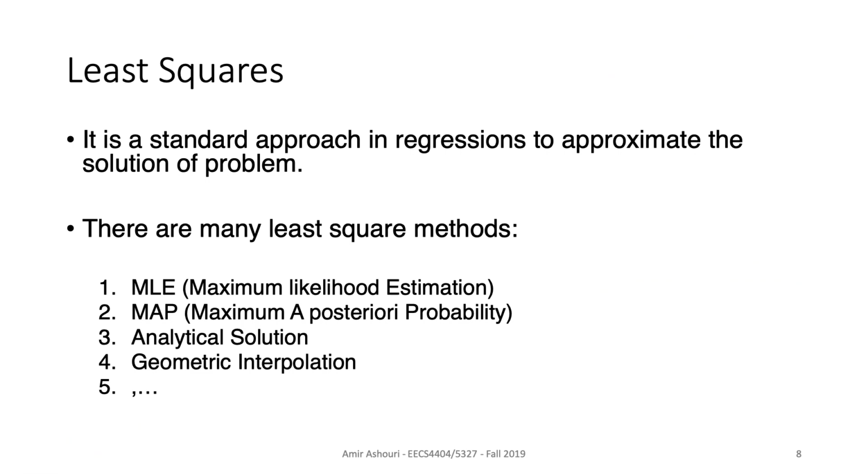So they call least squares the standard approach to regression problems to approximate the solution of LR, right? There are many methods. You can apply a Bayesian model. You can do MAP. There are analytical solutions, geometric solutions, and perhaps other solutions that I haven't heard of. So these are different ways you can solve this.